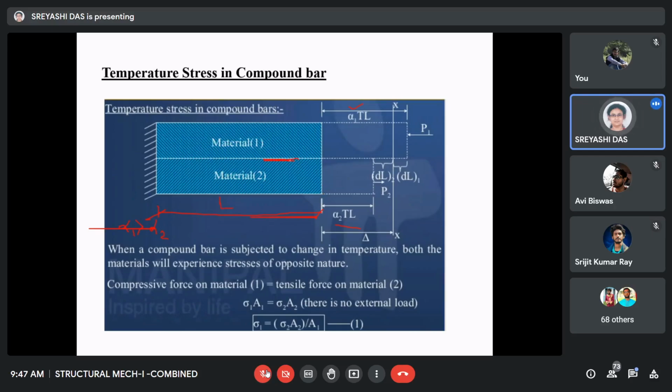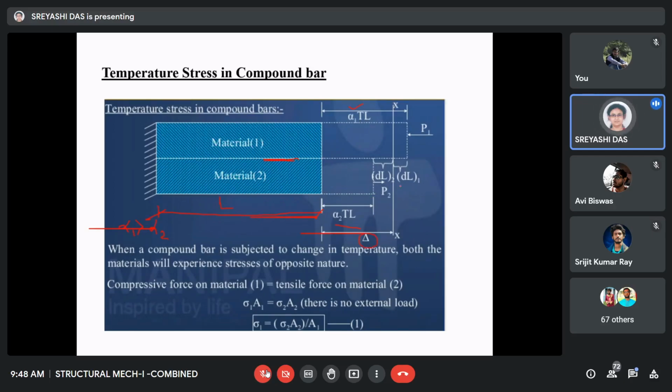That means the bar will behave monolithically. So material 1 will not expand up to alpha 1 TL and material 2 up to alpha 2 TL independently. It cannot happen.